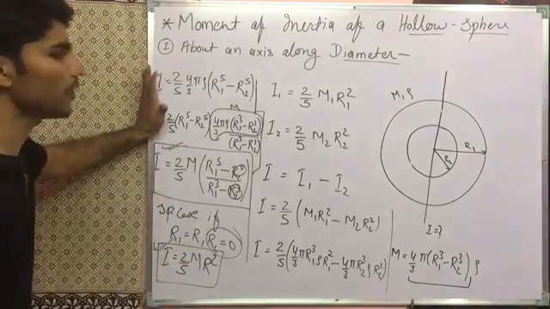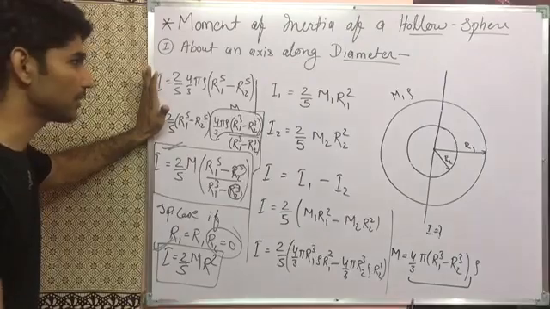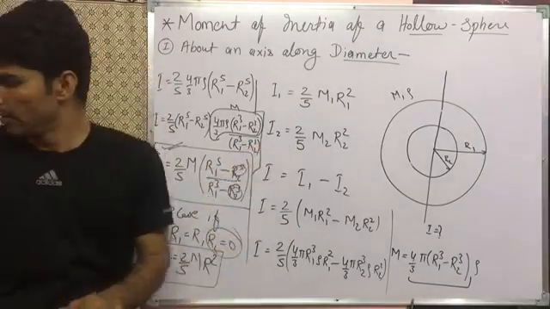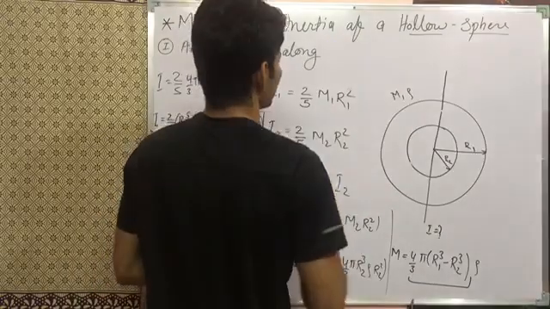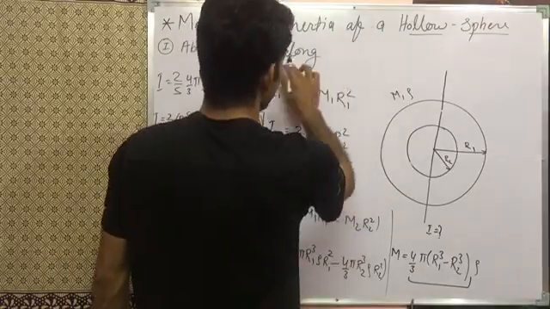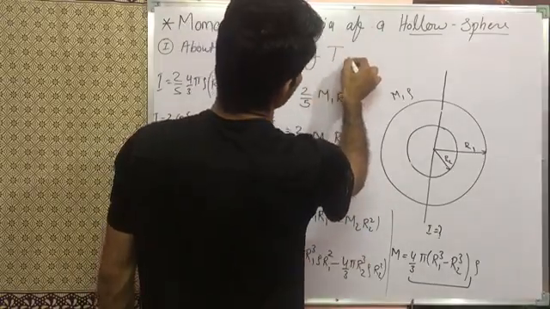So this is our first case, and in the second case we take an axis along the tangent. So here we first change the case to along the tangent.